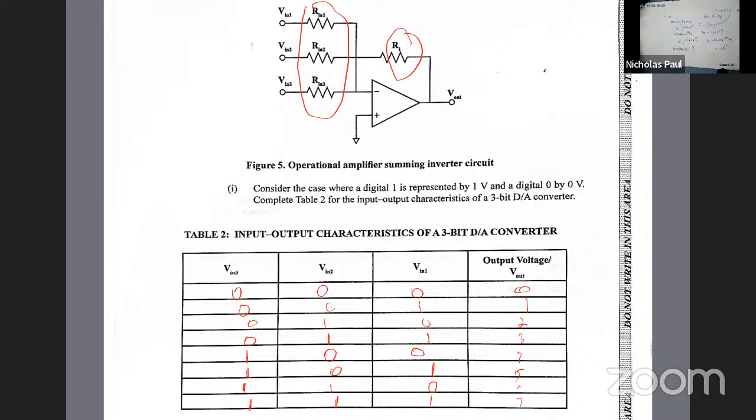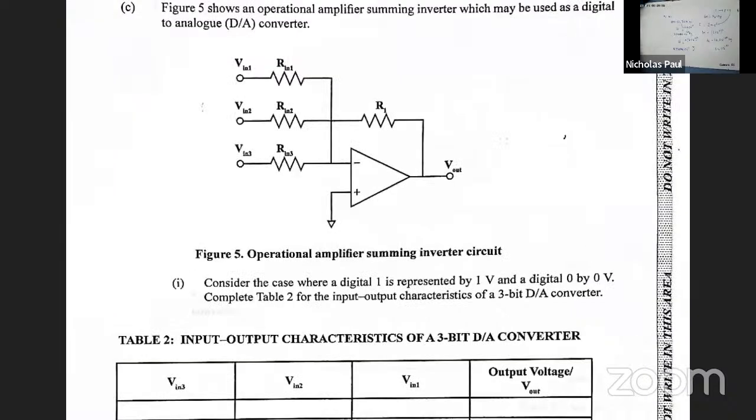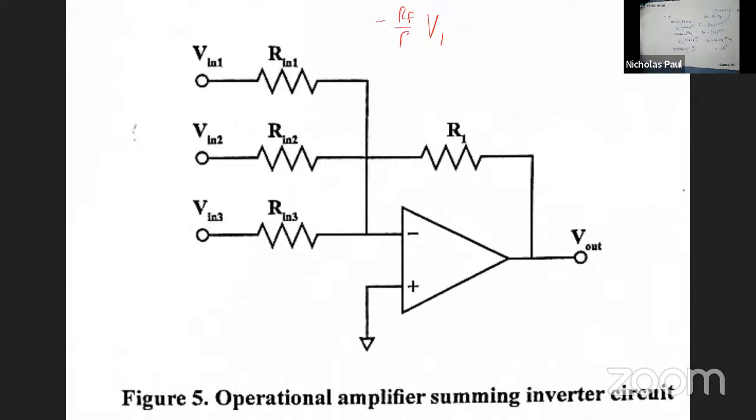The next part is to calculate the values for the resistors. Remember the general form we did last day? Negative RF on R1 in this case.